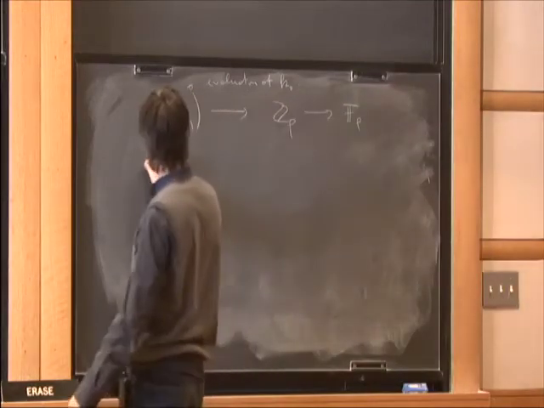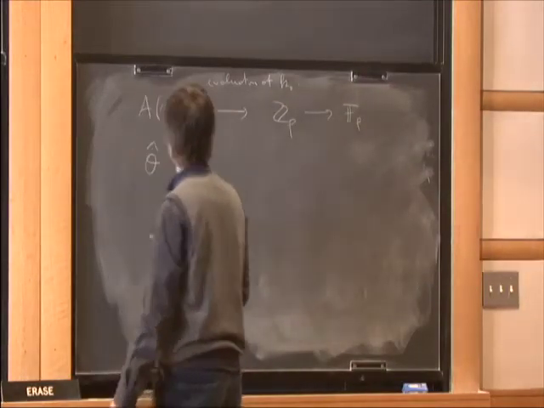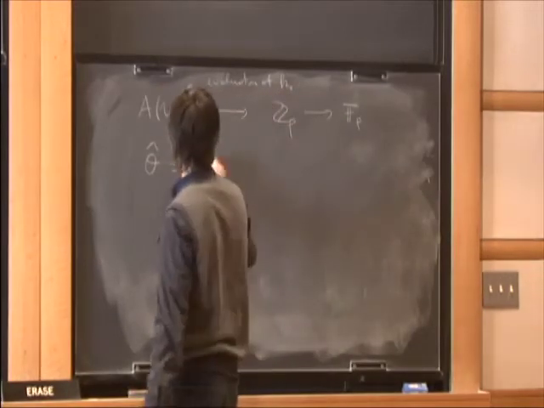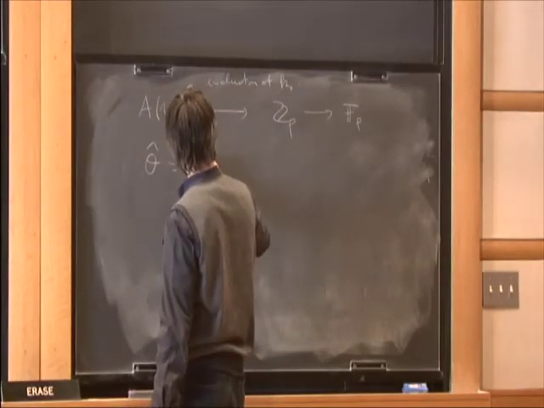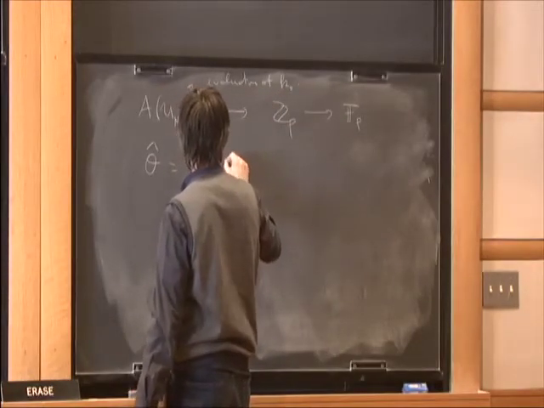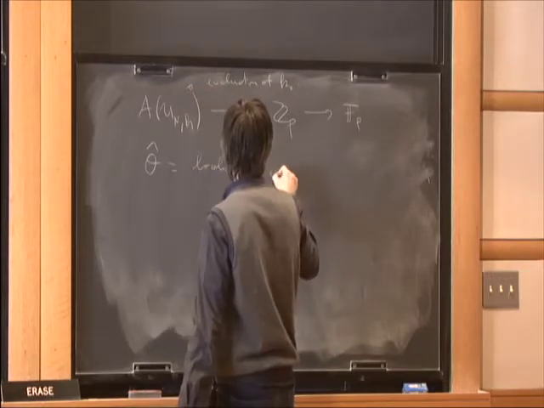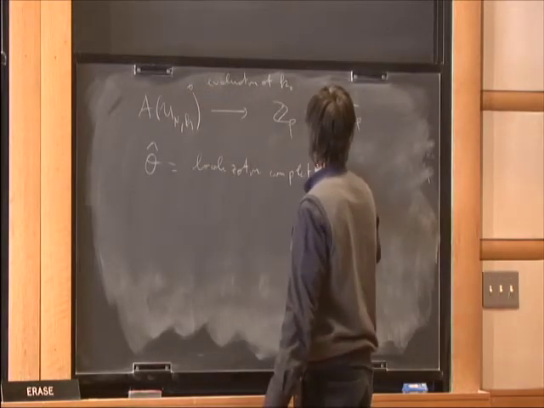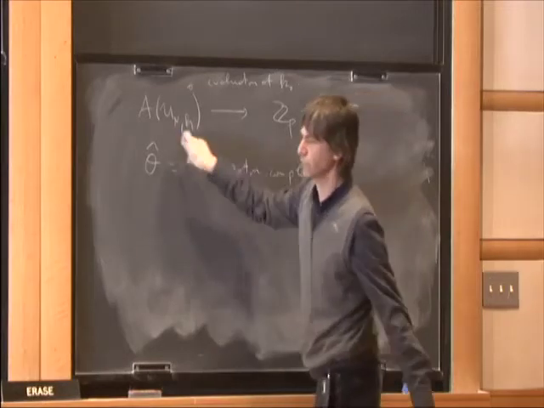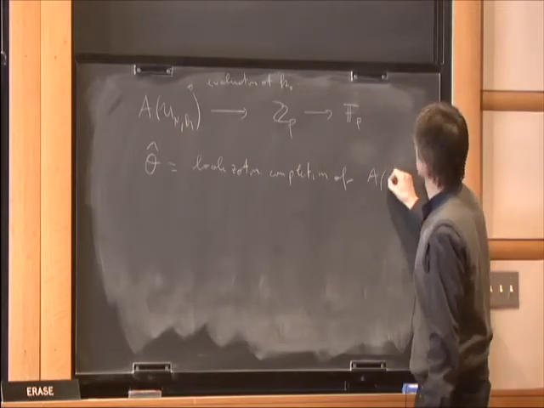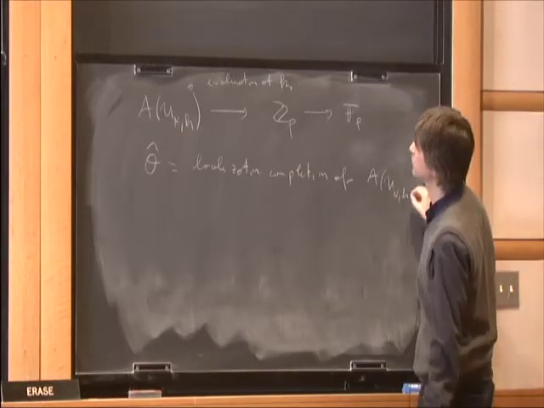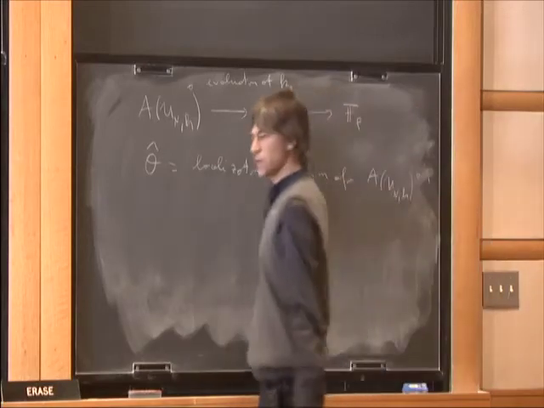And so you consider O hat, the completion of the localization of this ring at the kernel of this reduction map.